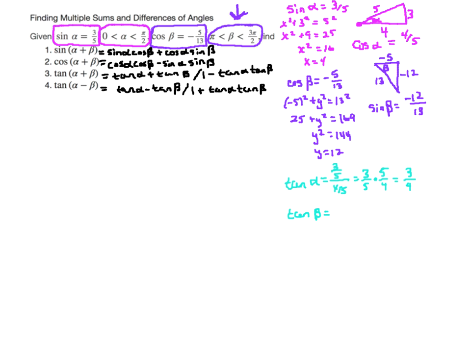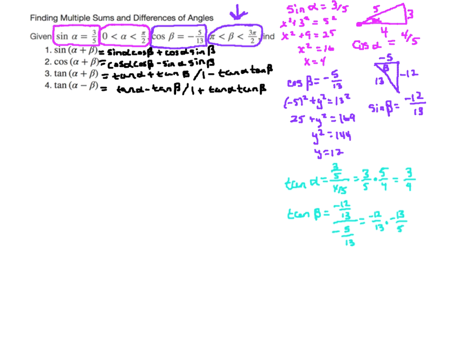Tangent beta, okay, it's sine beta, -12/13, divided by cosine beta, which is -5/13. I never divide fractions. I multiply by the reciprocal, so this is -12/13 times the reciprocal, -13/5.